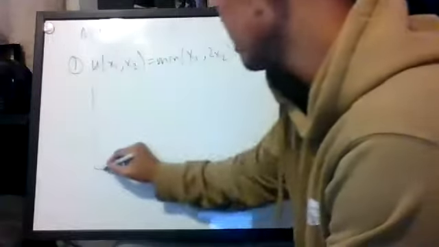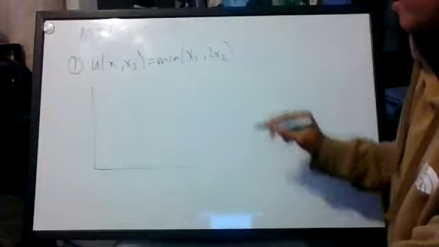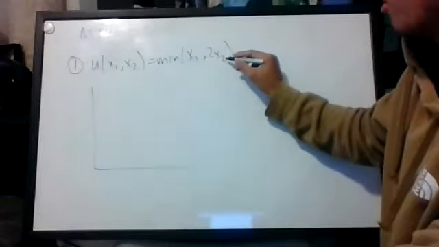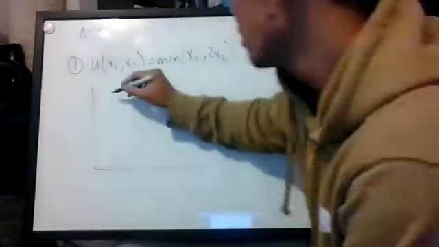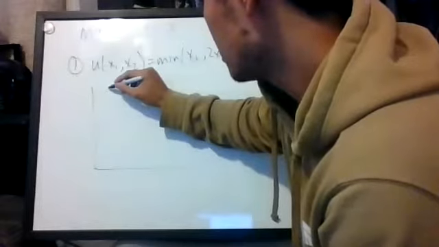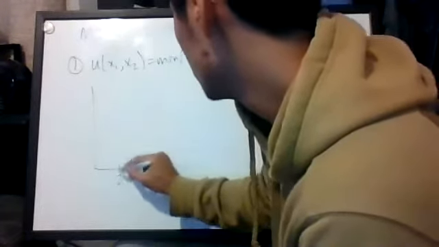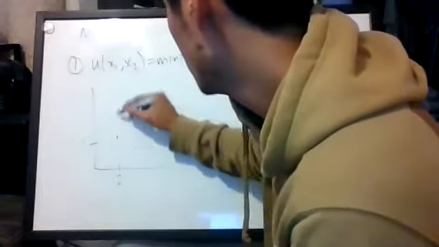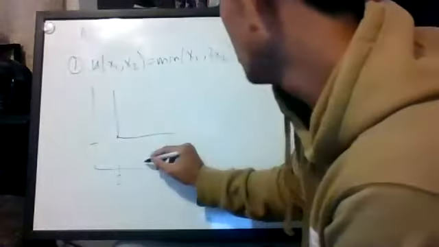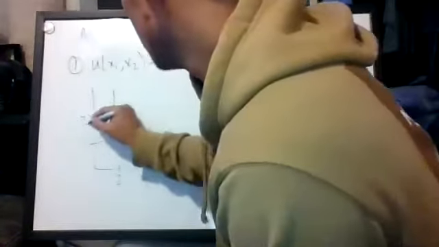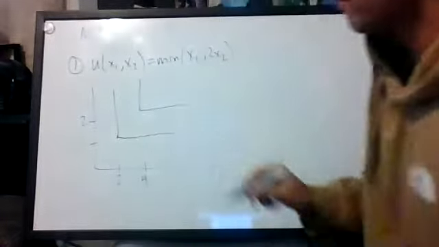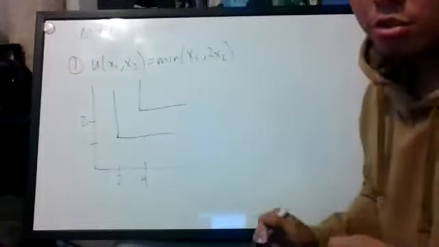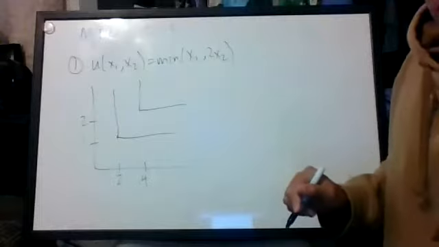So if you were to graph this out, basically you need 2 of x1 for every 1 of x2 to be on the indifference curve. So something like this, 2, 1, 4, 2, right? These are just examples of the indifference curves that we have.